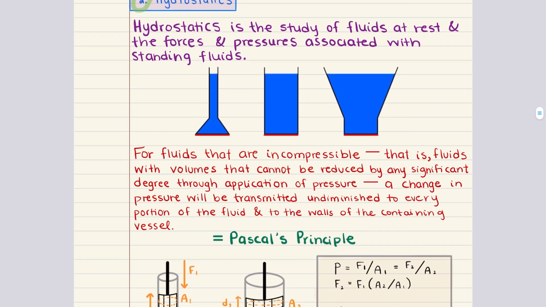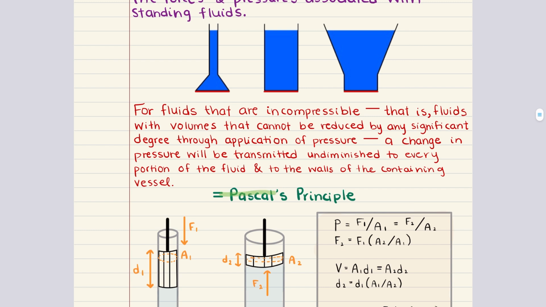To start, we want to first focus on Pascal's principle. This principle states that when an external pressure is applied to an incompressible fluid, the change in pressure is transmitted uniformly throughout the entire fluid and to the walls of its containing vessel.